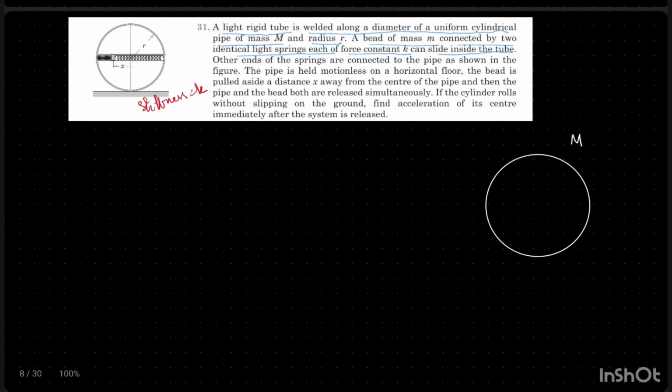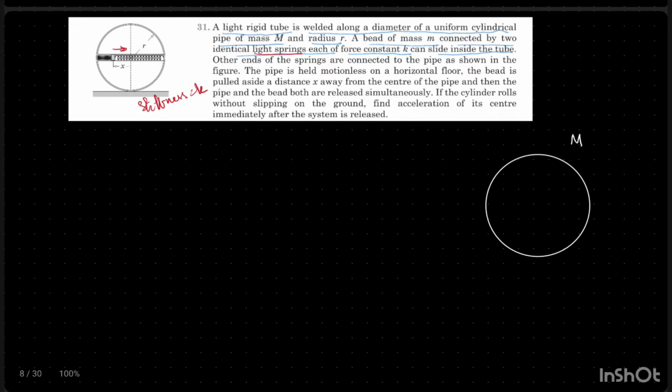So the bead can slide inside the tube, identical light springs, and slide inside the tube shown in the figure.